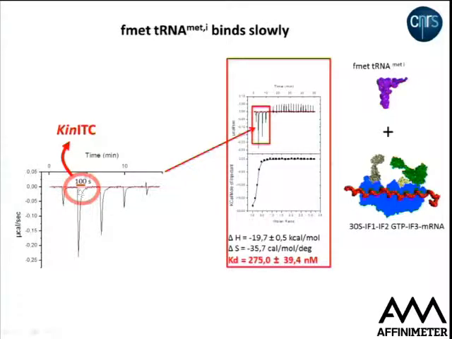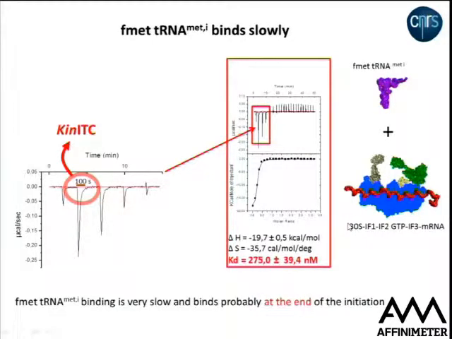And using KIN-ITC, we could derive kinetic parameters for the binding of the tRNA, and we found data that are in good agreement with fluorescence data that were described in the literature. So very probably the tRNA binds slowly to this complex, and it binds at the end of the initiation.